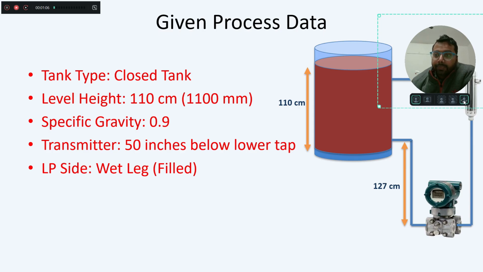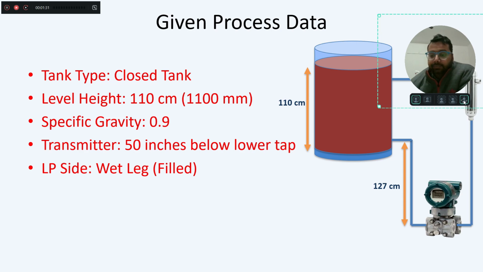Wet filled means the LP side of this transmitter is filled with a kind of fluid which has a specific gravity of 0.9. If the LP leg of any transmitter is filled with liquid whose specific gravity is known, then that type of calculation is called wet leg DP type calculation.